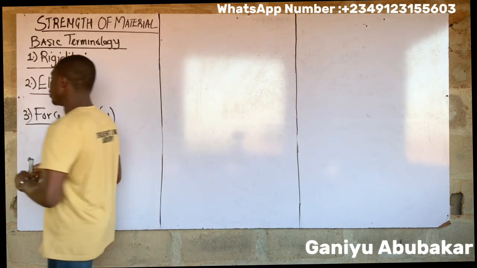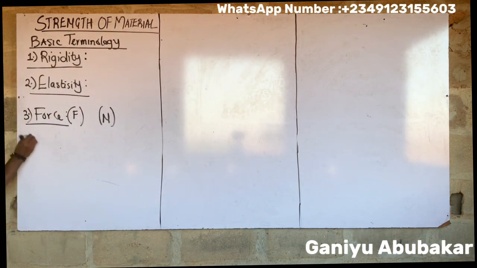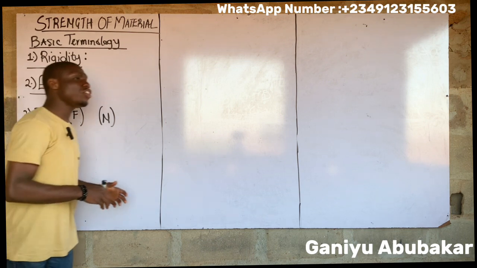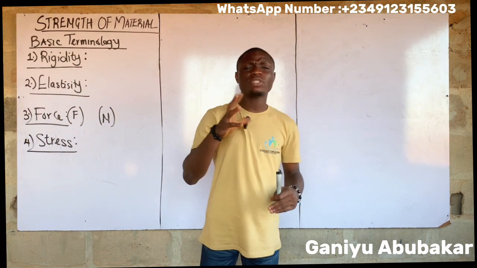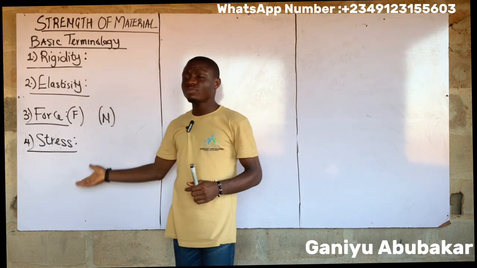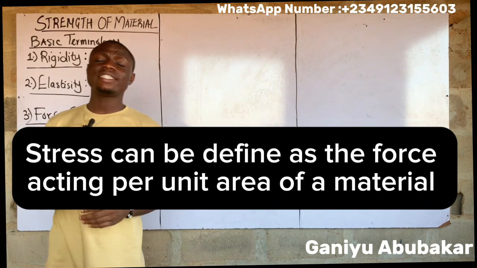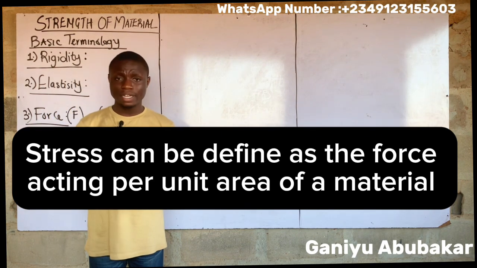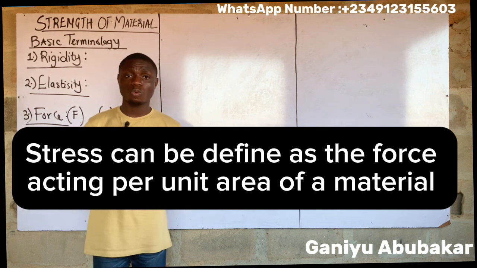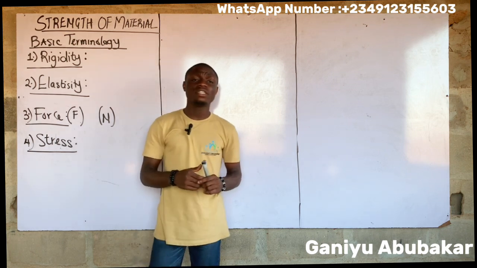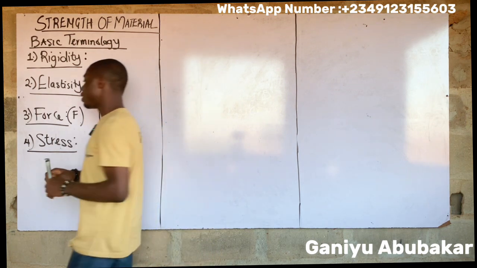Let's look at the fourth terminology in the study of strength of material, called stress. Let's discuss stress, please. In the study of strength of material, stress is one of the important terminologies we need to be familiar with. By definition, stress can be defined as the force acting per unit area of a material or an object. Note that stress is represented by a Greek symbol called sigma.